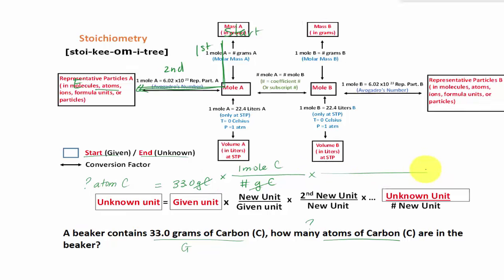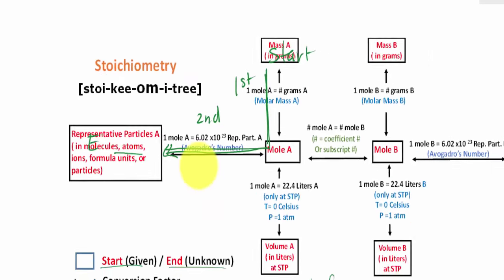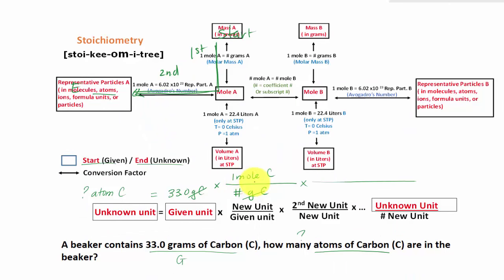So let's look at the conversion factor. Here I have moles of carbon, and look at the conversion factor. We have 1 mole of A equal to 6.02 times 10 to the 23rd representative particle A. But we know exactly we are talking about carbon, not just representative particles. So we can say, I have moles right there, so therefore the mole part must be on the bottom. In this case, it's going to be 1 mole of carbon.